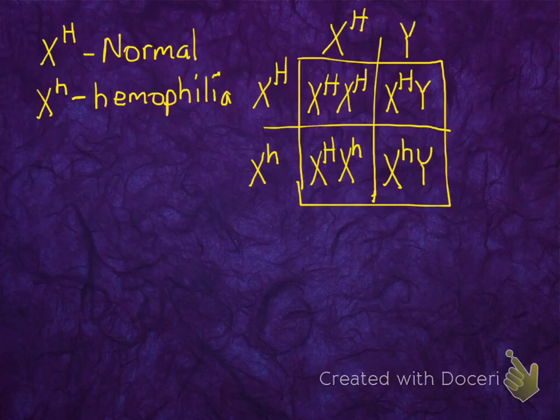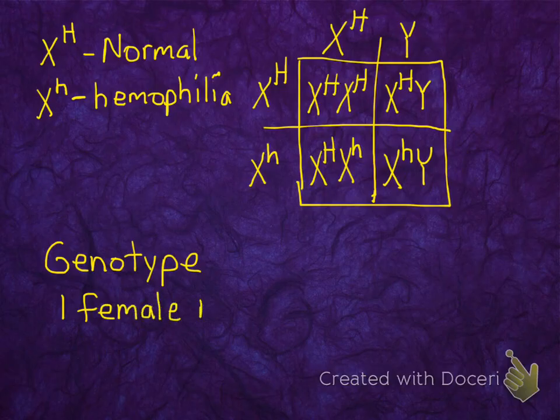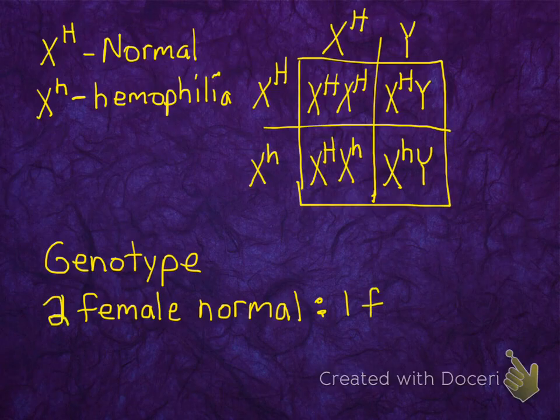So when I do my genotype, I would say there's one female normal, there's 2 females that are normal, right? 2 females, and 1 male.